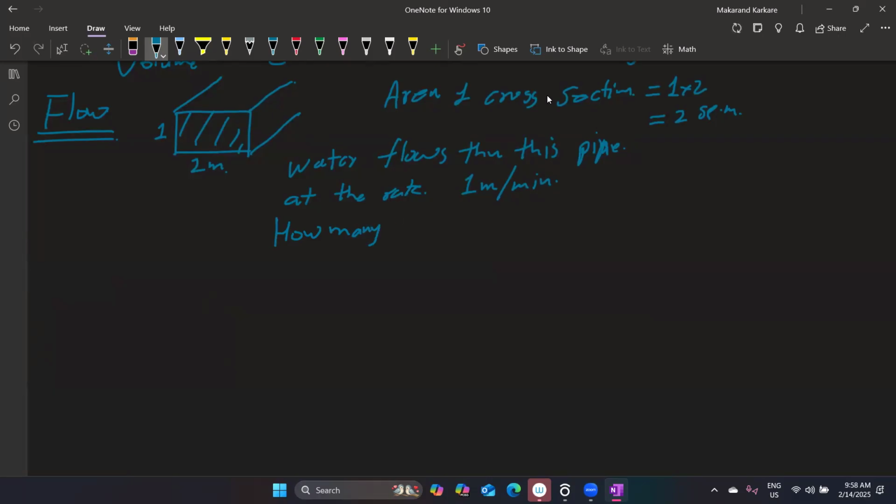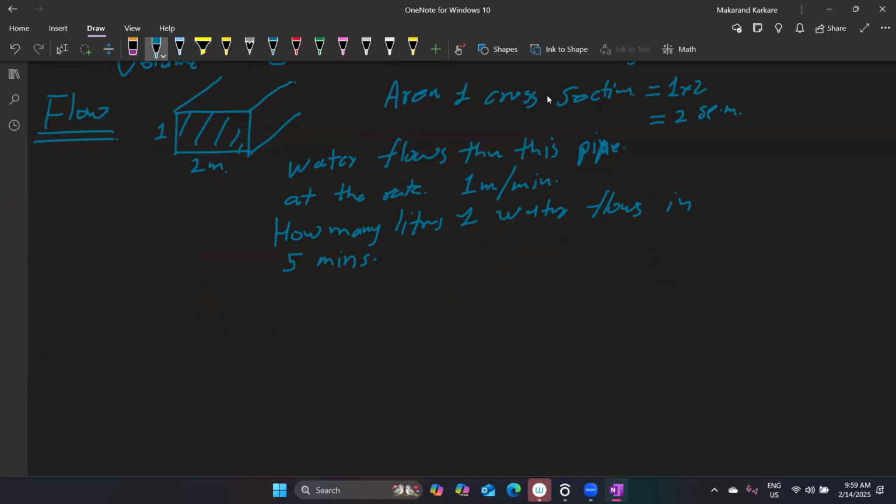How many liters of water flows in 5 minutes? So the rate at which it flows is 1 meter per minute. So how many meters of water will flow in 5 minutes? 5 meters.